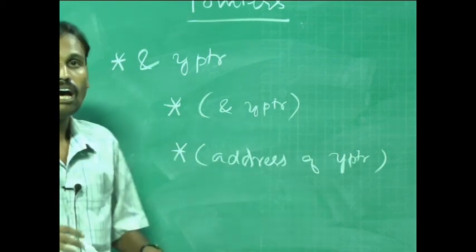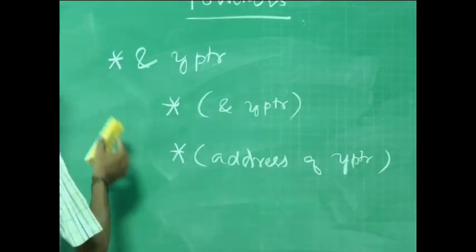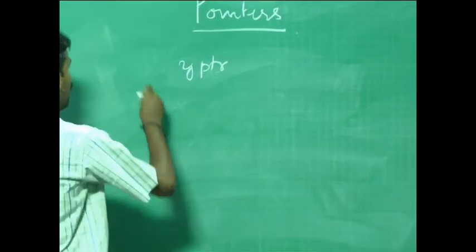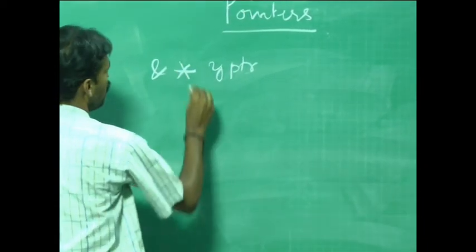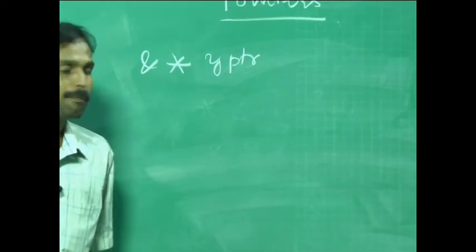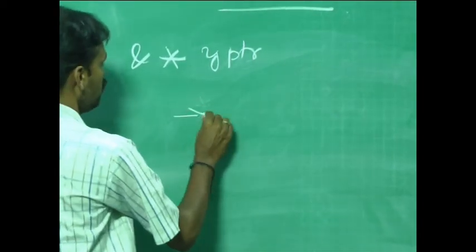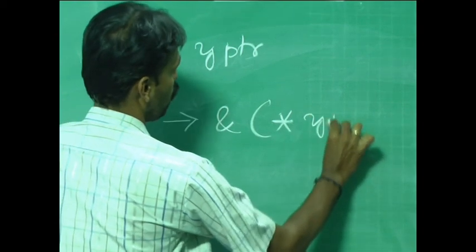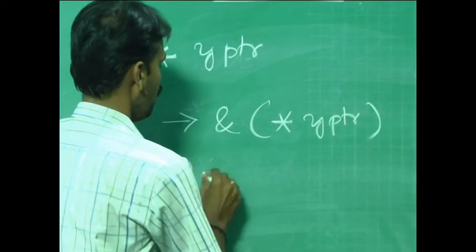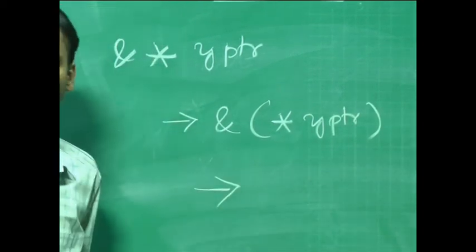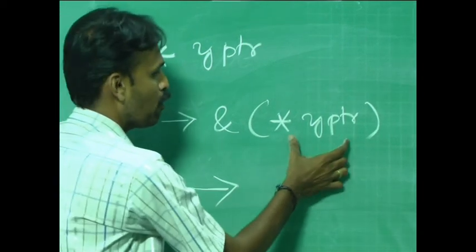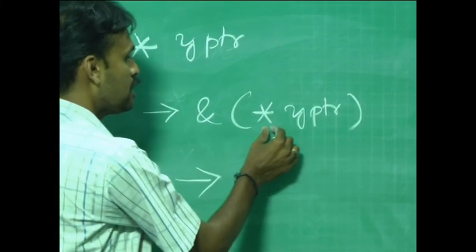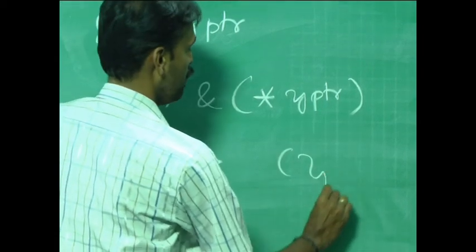Now, moving on to the other way. What would happen if I make use of these two in another different way? That is, I say that ampersand followed by asterisk. What will happen here? This is similar to having address of the value present in yptr, which is more or less equivalent to what is star yptr. We have just a while ago mentioned that star yptr is simply y.